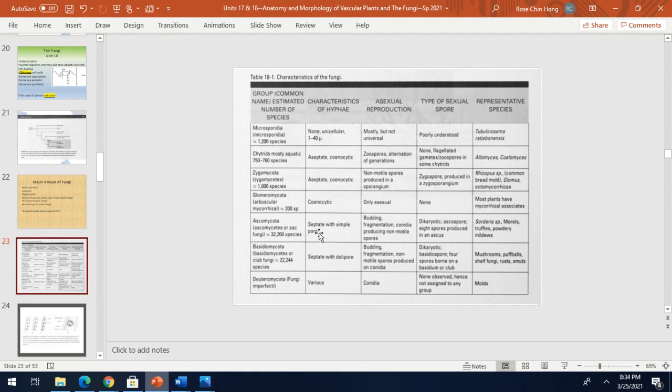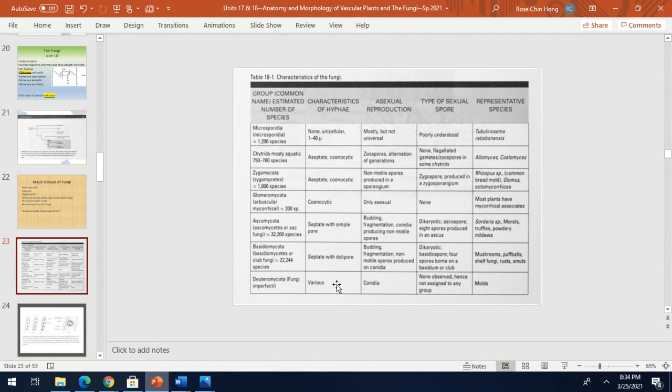So in the ascomycota, we have a simple pore. And in the basidiomycota, we have a dolipore. So it's a special pore in the basidiomycota. Some of these groups of fungi will probably just have asexual reproduction, like Glomeromycota, which is asexual, but it does not have any sexual spores.